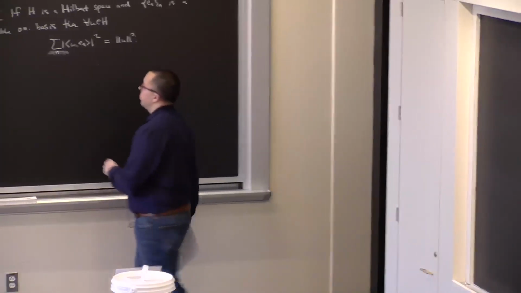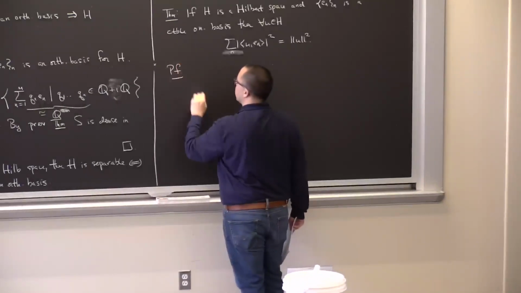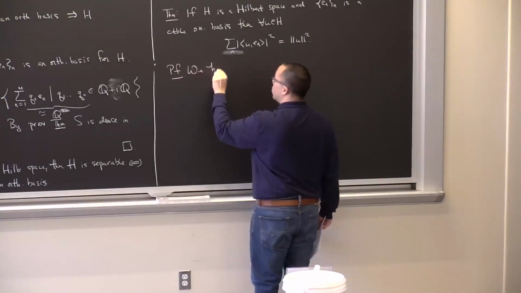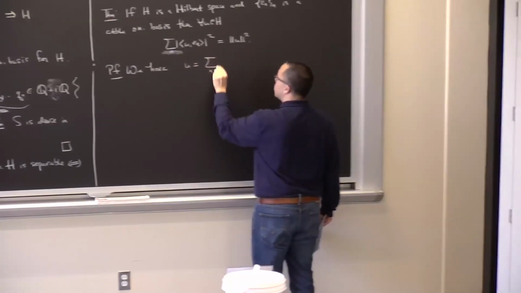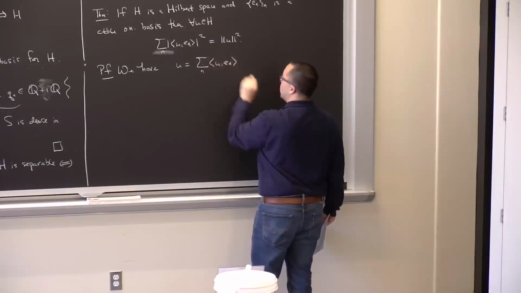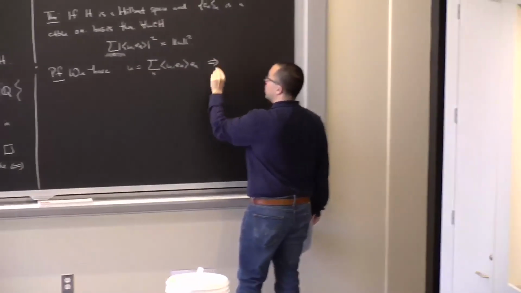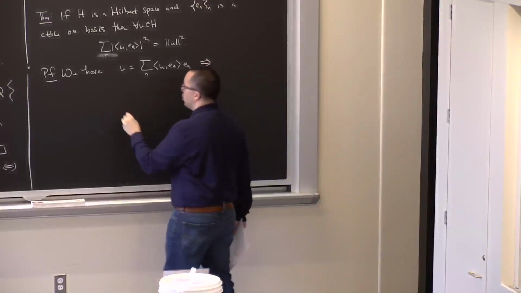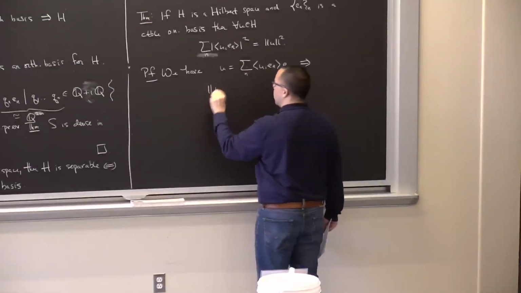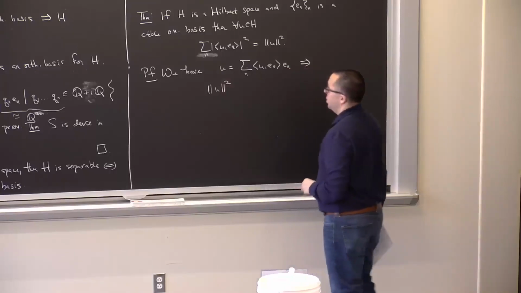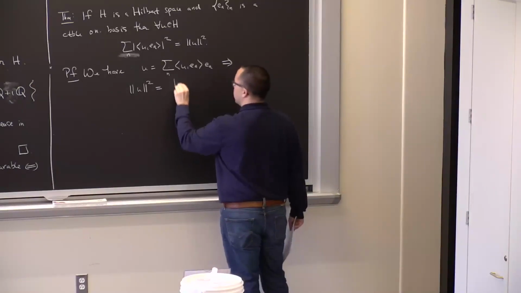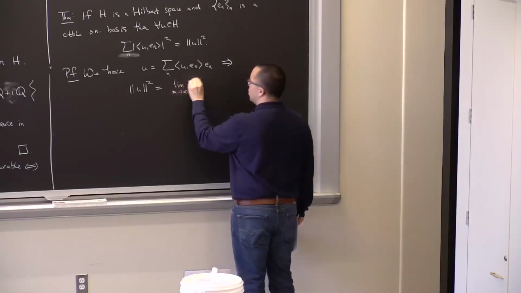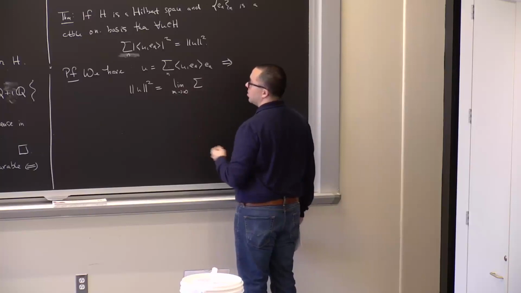All right, so what's the proof of that? We have that u equals the sum of (u, e_n) e_n, and therefore, kind of immediately by the continuity of the inner product, we can write the norm of u squared as, so this is for the case that we have countably infinite. If it's a finite orthonormal basis, this follows immediately.